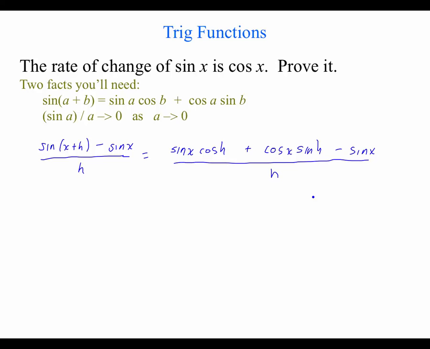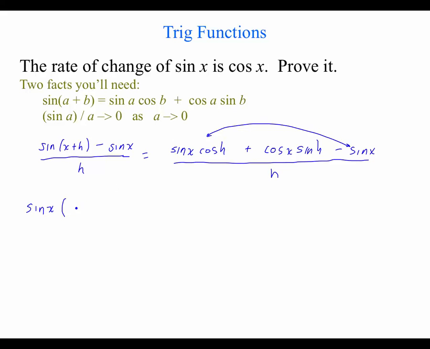Okay, what can we do now? Notice these two terms both have a sine x in them. Shoot, did I give you the wrong thing here? No, that's right. Okay, so out of these two, we can factor out sine x.